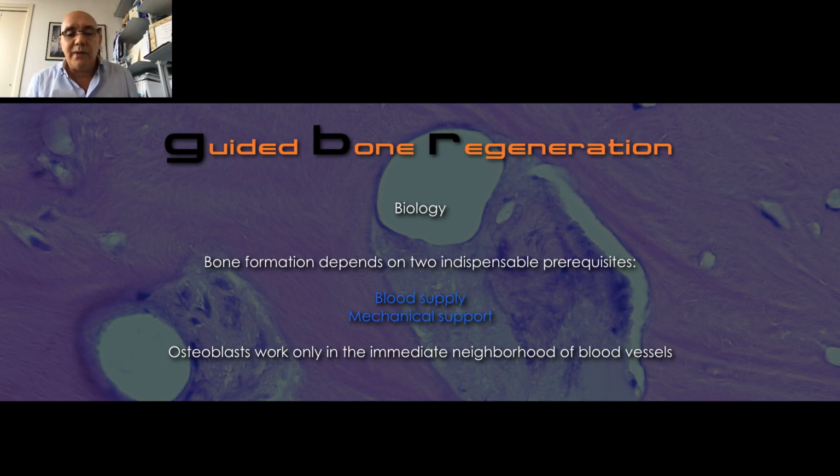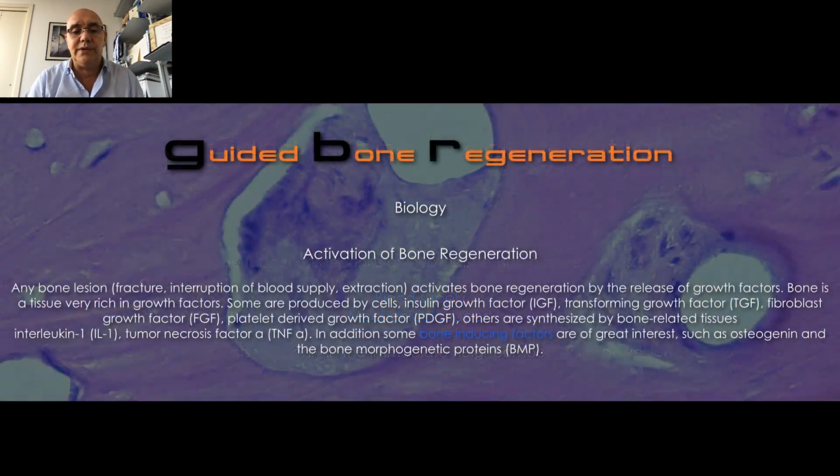So there is no possibility to have a bone graft working without some blood and without some mechanical support. So the bone graft should be very, very stable, like I showed the other night whenever we do the grafting around the teeth. Because the osteoblasts work only in the immediate neighborhood of blood vessels. So if we want to have healing like this, we need to have blood supply and mechanical support.